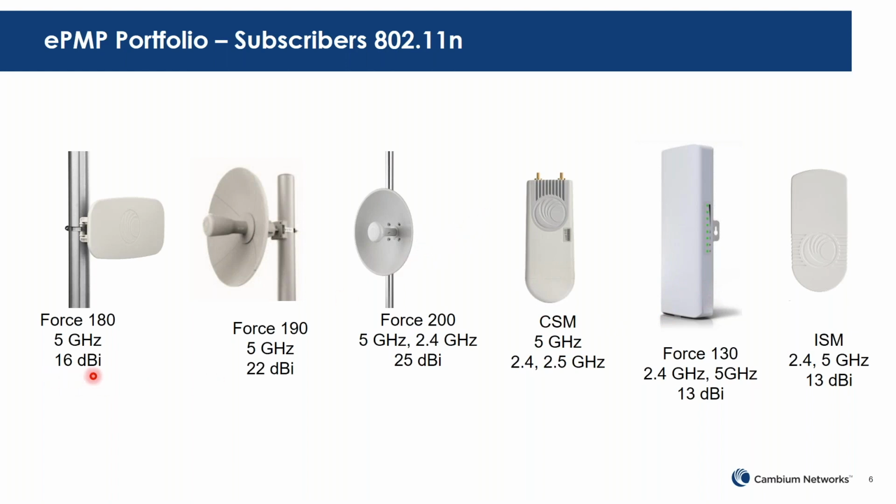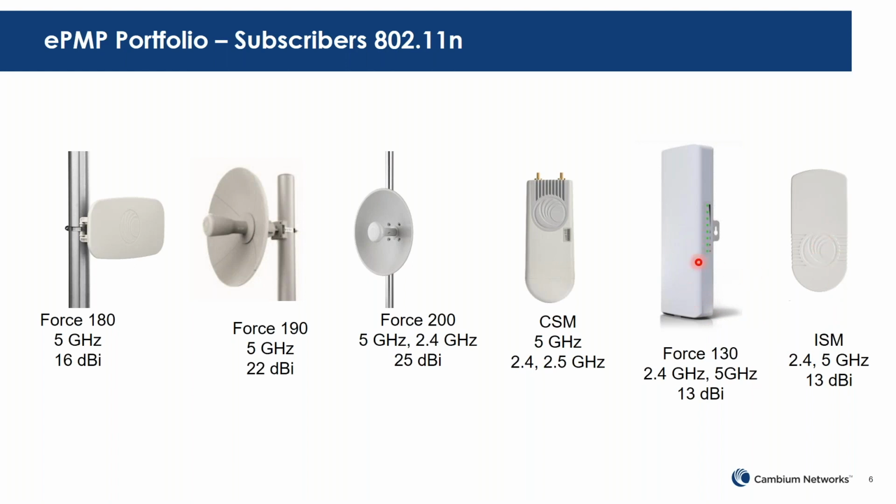So as you can see, I've listed their antenna gains. Generally speaking, depending on your range, you would go for either the one with the least antenna gain or the one with the highest antenna gain. The highest antenna gain radio for the 11n subscriber modules is the FOS 200 with 25 dBi of integrated antenna gain, and the least is the FOS 130 or the integrated subscriber module, which is end of life as of today.